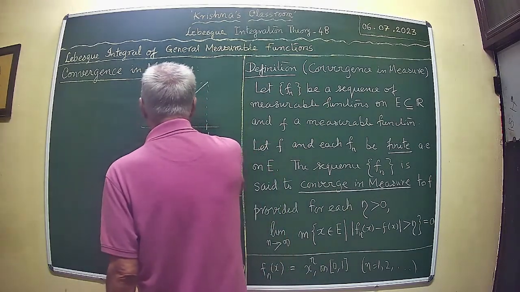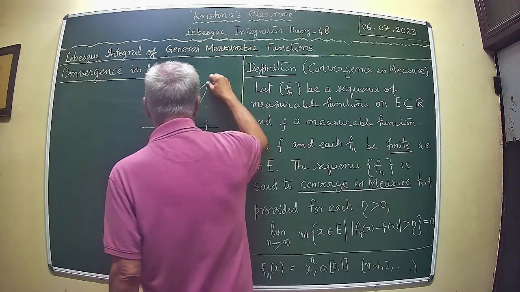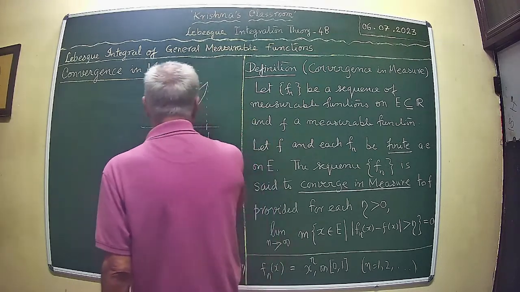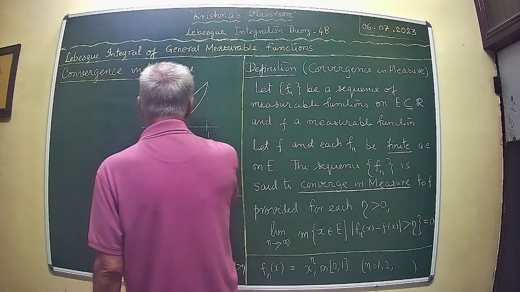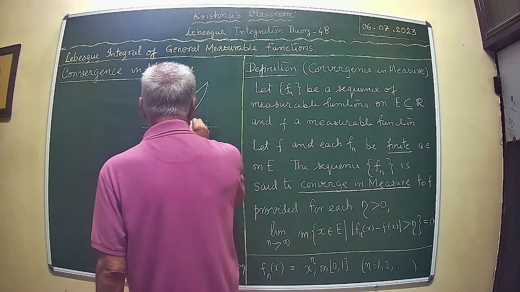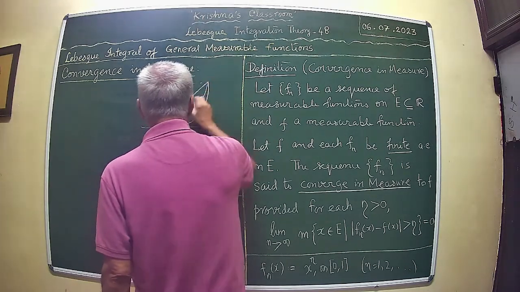F2 is this, and so on, so Fn, and at 1 they all take the value 1.